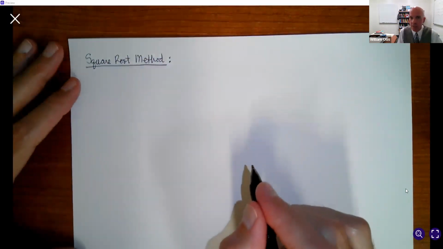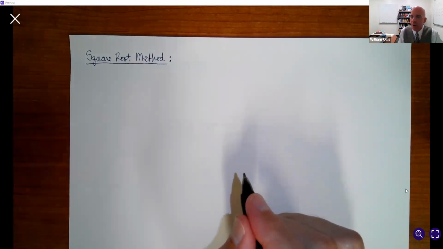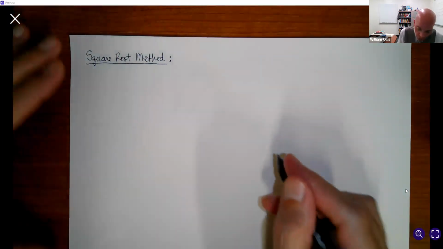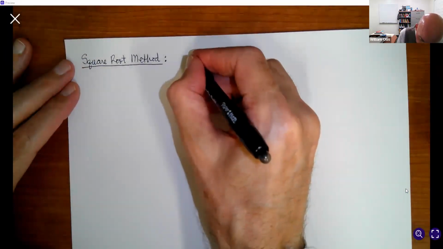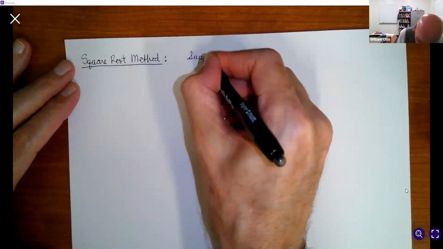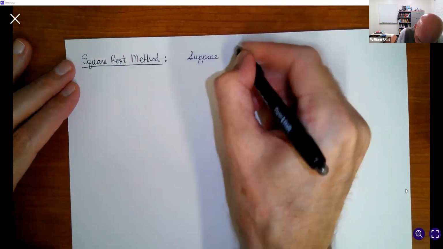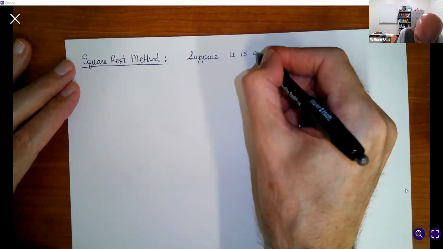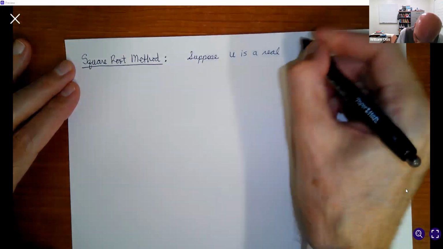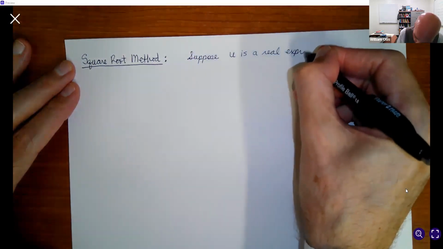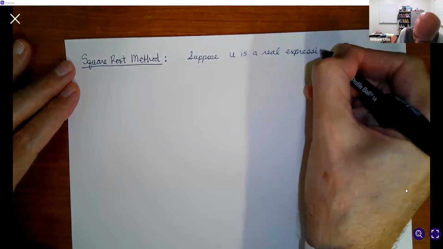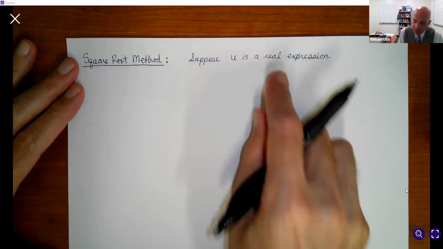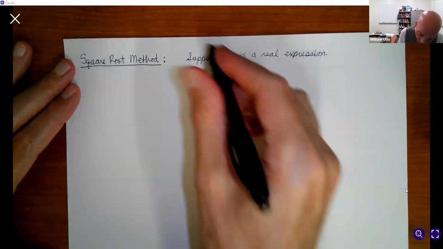And what it means is that we have an expression, maybe a real expression. We'll start with that. So we'll just say, suppose U is a real expression. We could certainly have it be complex with imaginary coefficients, but we'll just stick to real expression for now.